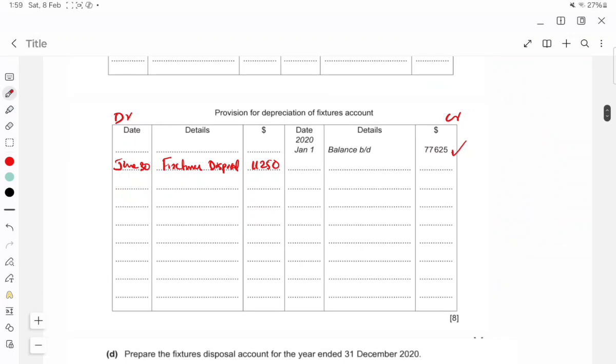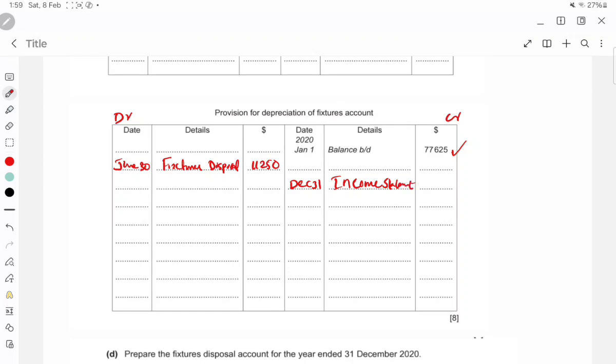So in the provision for depreciation account, the entry will be income statement debited, provision for depreciation account. At the end of the year, December 31st, the depreciation for the remaining assets will be transferred to the income statement.